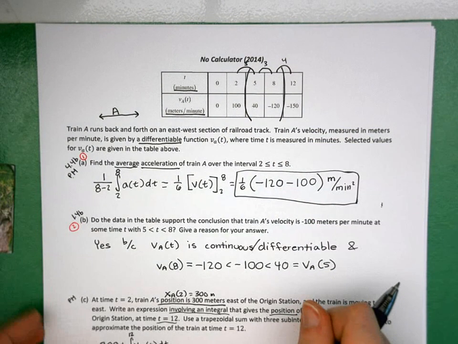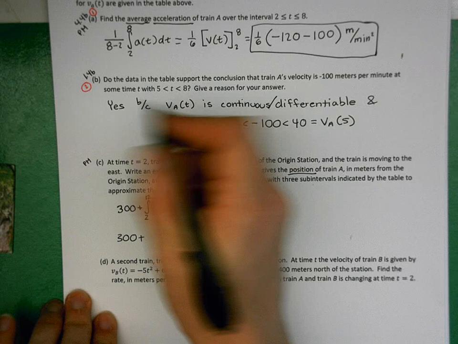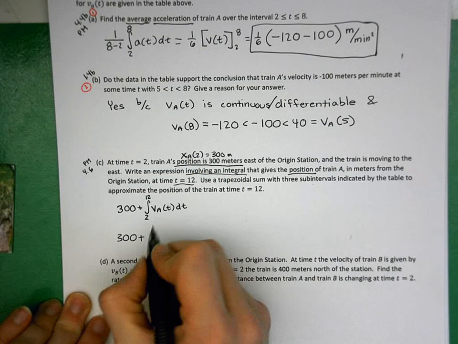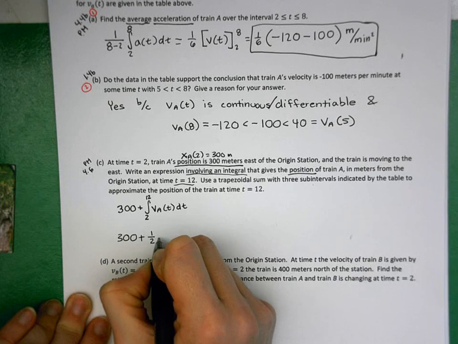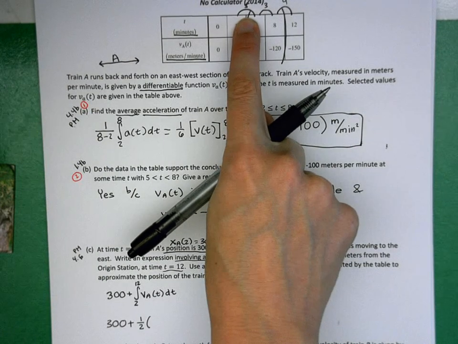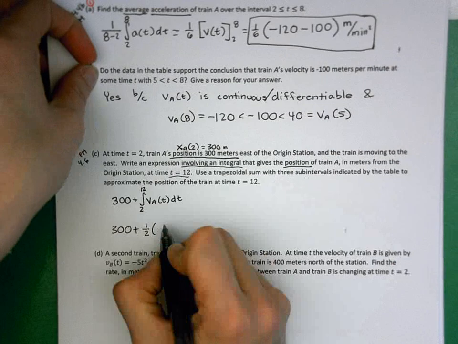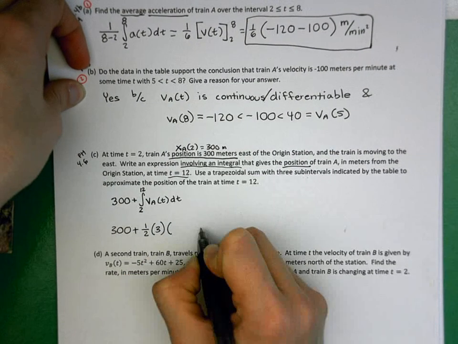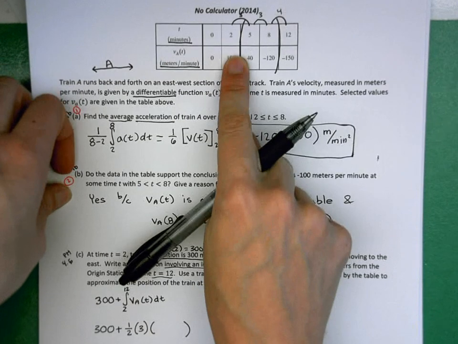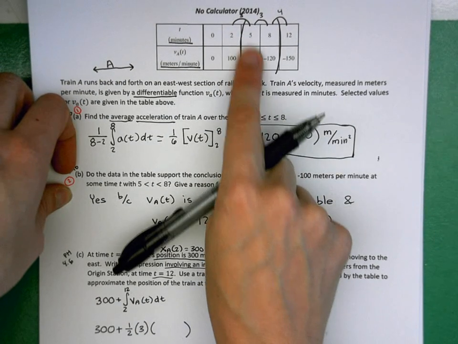Trapezoidal sums are also in 4.6. Okay, trapezoidals are 1/2. You'll still have that change. So for my first subinterval, that change is 3. And then you use not the left, not the right, but both. So not just the 100, not just the 40, but both the 100 and 40.